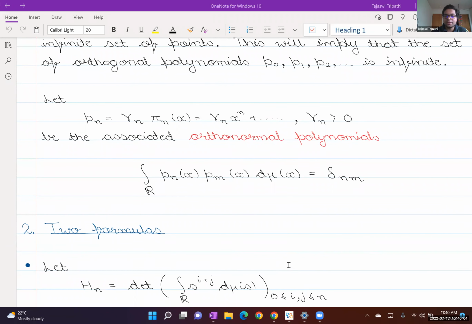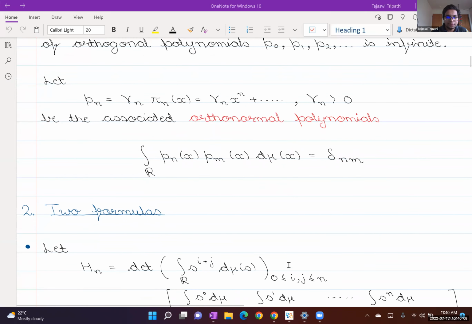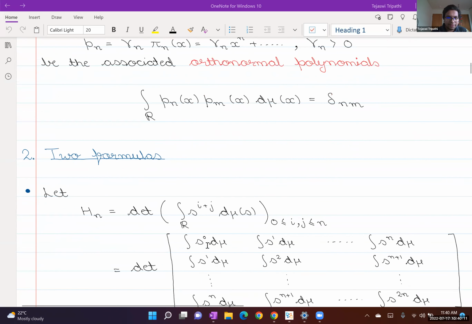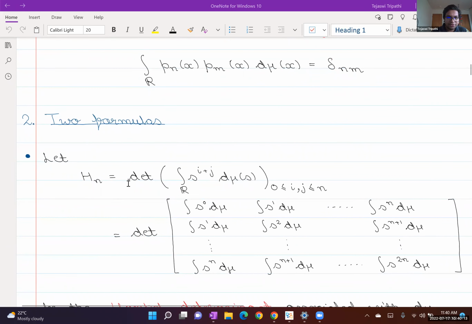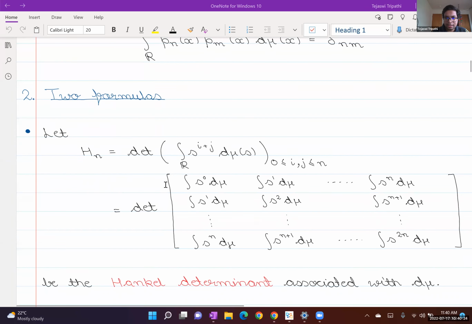Okay, so we have to introduce some determinant, which you might have heard of, known as Hankel determinants. So let's define this Hankel determinant. h_n is given by the determinant where the entries are integrals over R of s to the power i plus j. And this is how it looks.